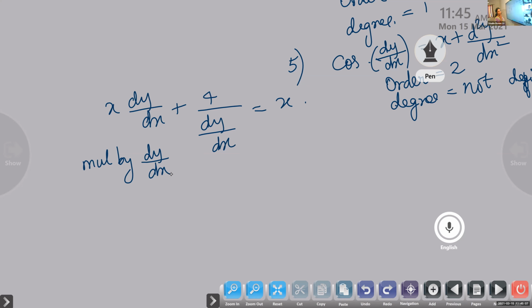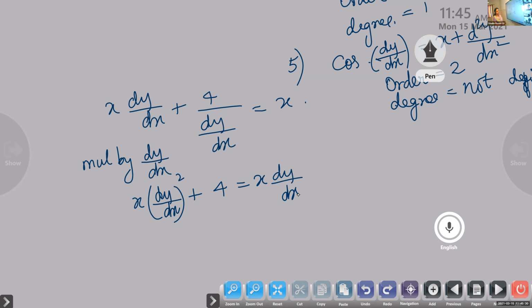Therefore, what will we get? x into dy by dx, the whole square, plus 4 into dy by dx will get cancelled, equal to x into dy by dx.